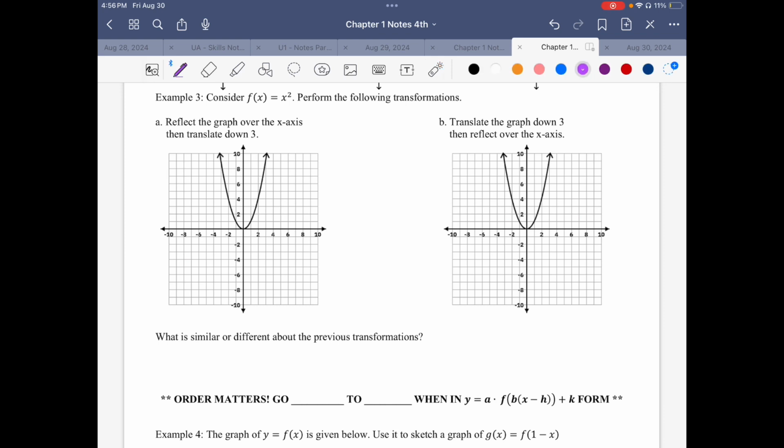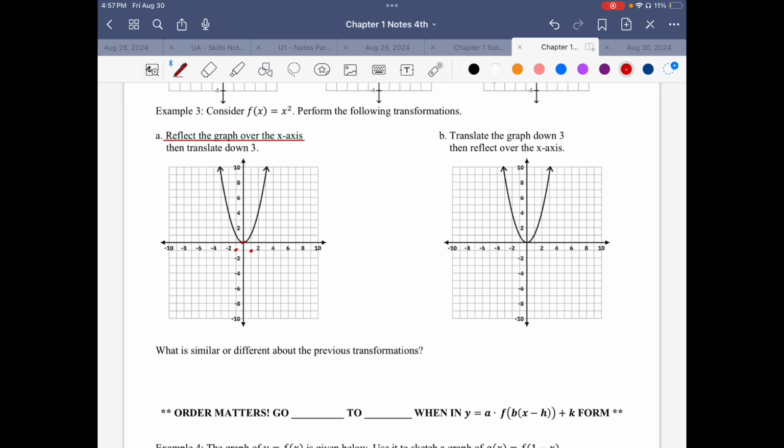So let's try another one out. This one is asking us to reflect the graph over the x-axis and then translate down by 3. So the reflection over the x-axis would simply take our parabola as it sat and flip it upside down. Then to translate it down by 3, each of those points would now drop down by 3.